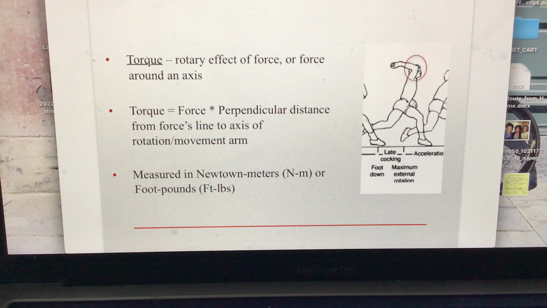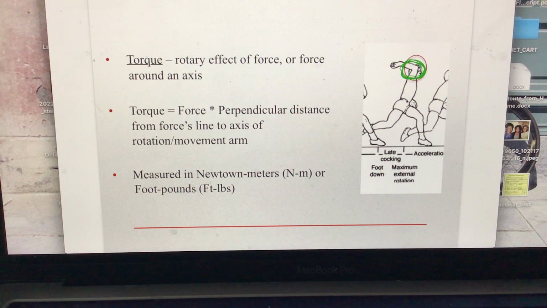Torque is rotary force or force around an axis. One of the best examples would be the torque or rotary force developed at the elbow during a baseball pitch. There is a twisting rotation around an axis there. It's a very violent force, but it's capable of chucking a ball really far with a lot of spin.